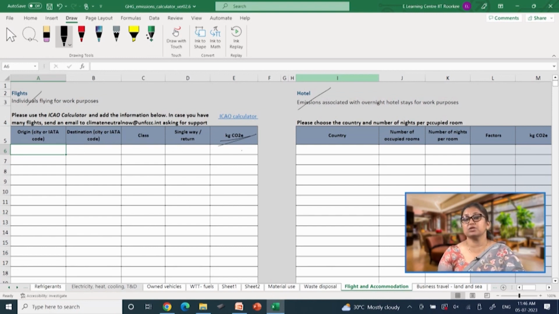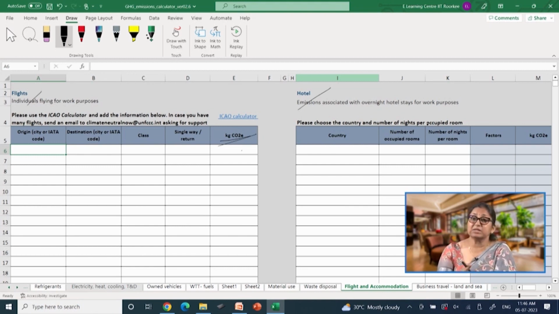Now, this is all going in scope 3, this is not in scope 1 and 2, but we have to become very conscious and aware of where the emissions are coming into my systems. So, it might not occur directly to me that business travel is also causing so much of emission, maybe not directly at the site itself, but overall it might be causing emissions, and depending upon the business goals, we may choose to reduce or cut down on these emissions depending upon the data that we get here.